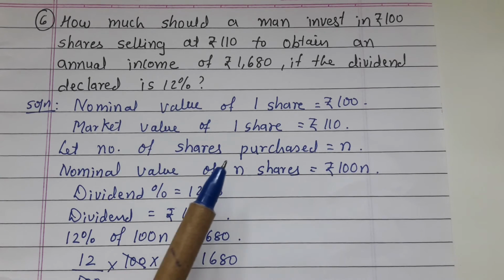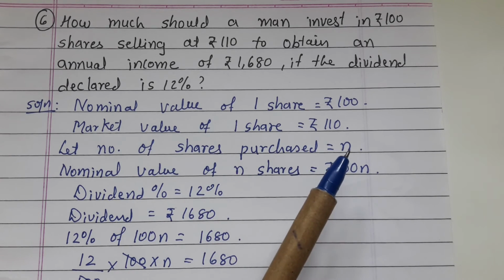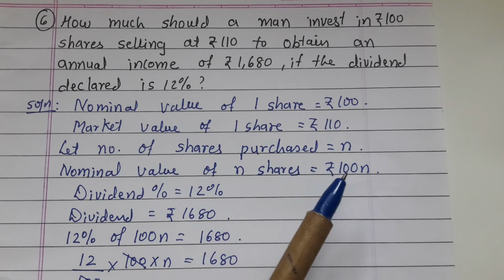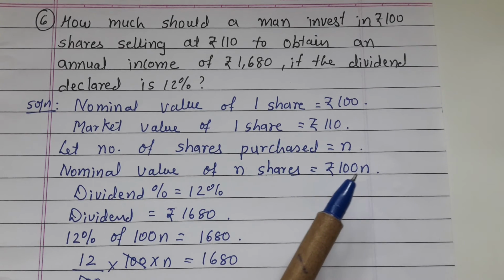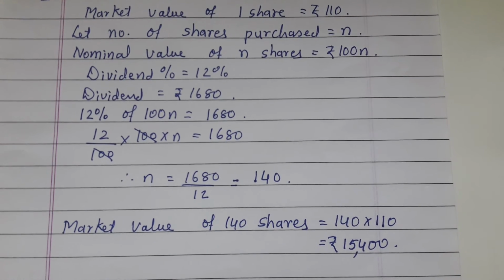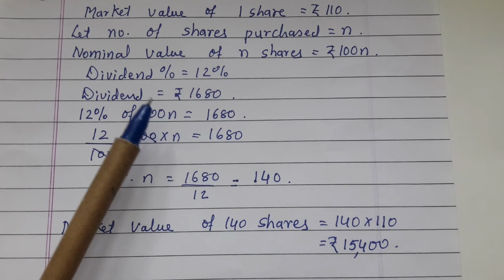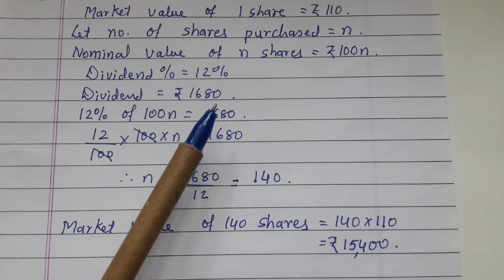Let the number of shares purchased be n. Therefore, nominal value for n shares is rupees 100 into n, 100n. Dividend percent 12%. Dividend is rupees 1,680.